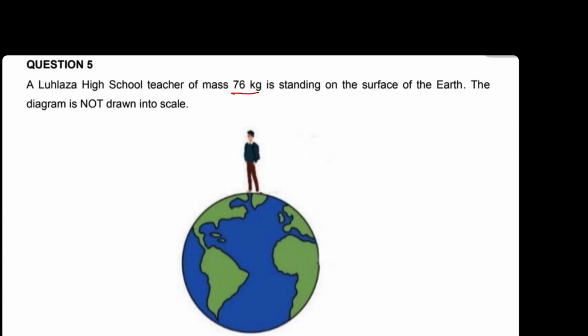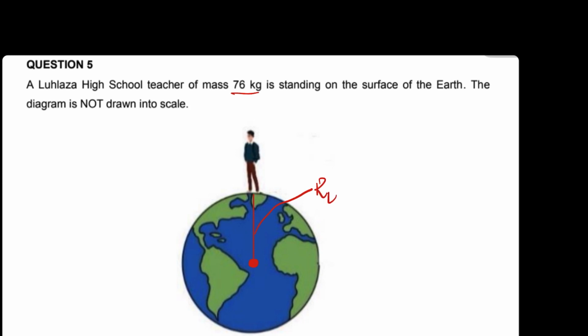One thing you need to understand is that as the person is standing on the surface of the Earth, the distance between him and the center of the Earth is the radius of the Earth.